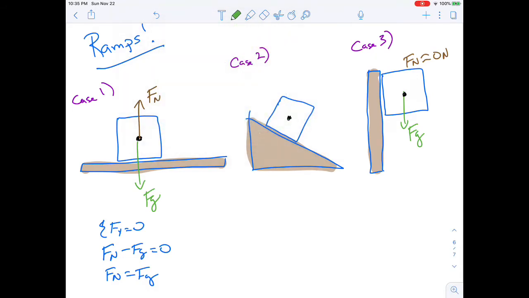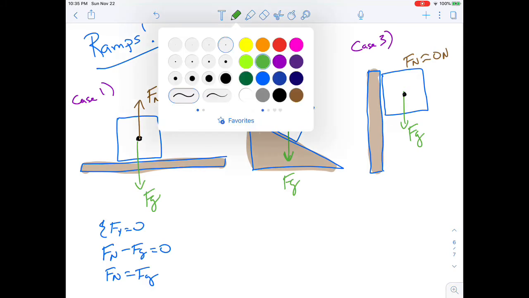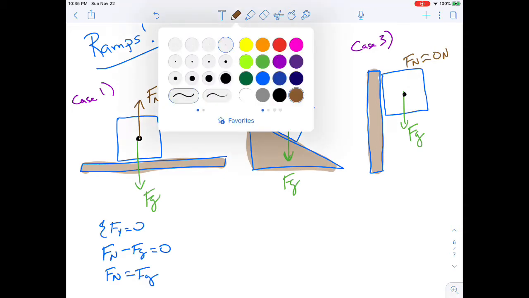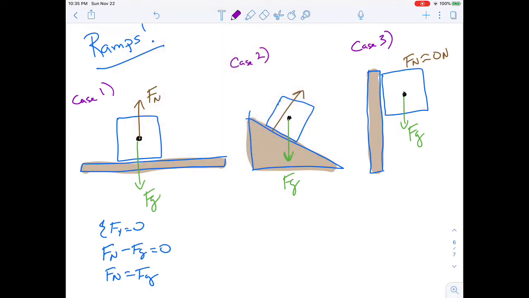Now, the normal force acts between the surface and the object, but it's always perpendicular to the surface. And if that's the case, that normal force has to be here, perpendicular to the surface. That's very important. That 90-degree angle has to happen.